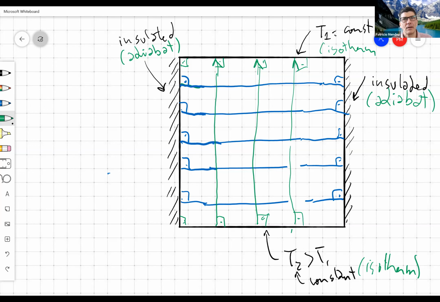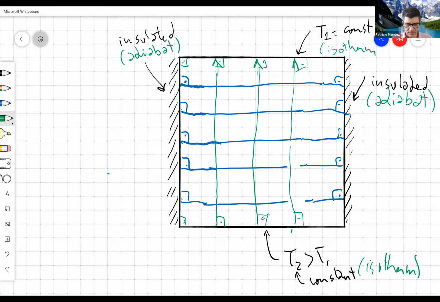So you get to see isotherms and adiabats all the time when people show you these images of colorful plots of numerical simulations. Those are what these lines are. Isotherms perpendicular to insulated surfaces, and adiabats perpendicular to isotherms and perpendicular to surfaces of constant temperature.